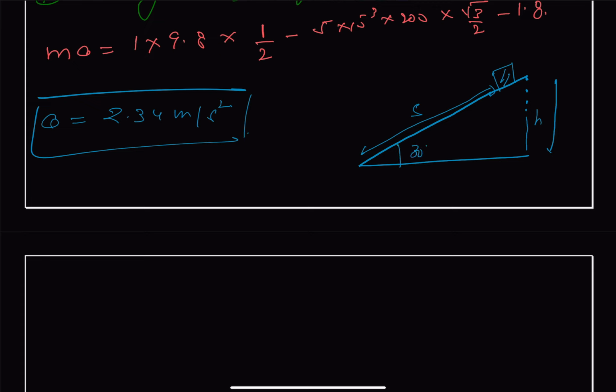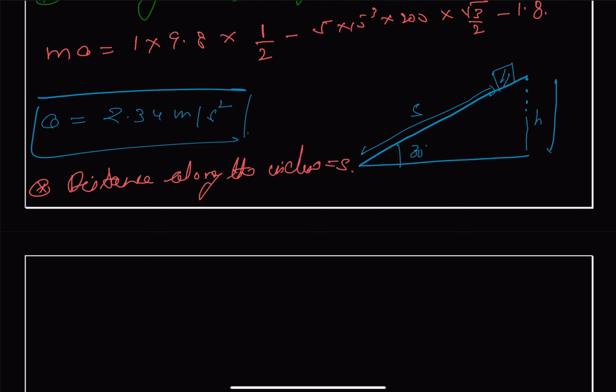So we can easily say that our distance along the inclined plane is s.